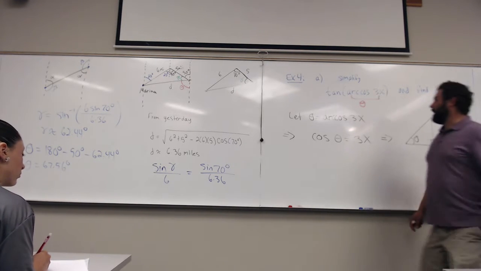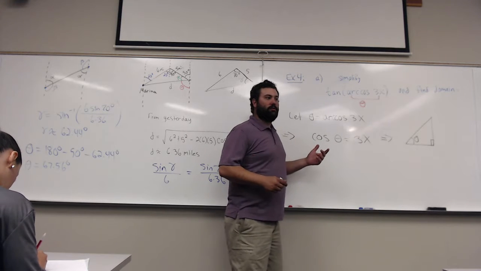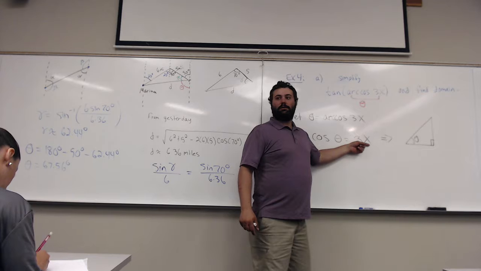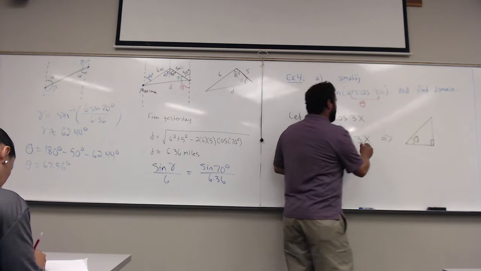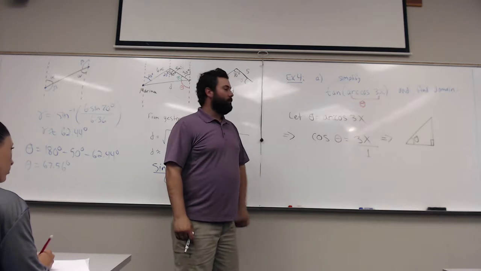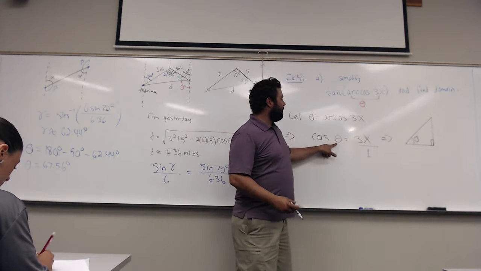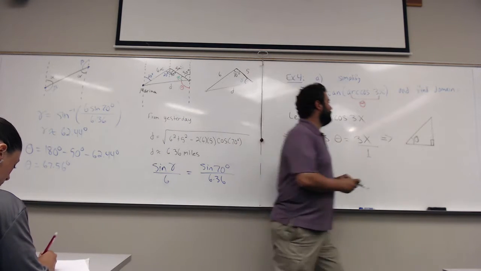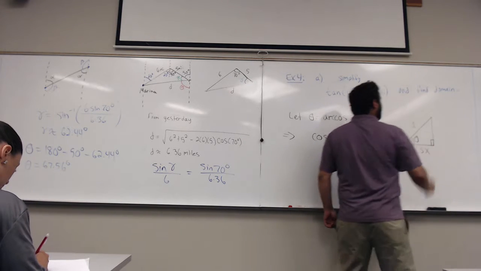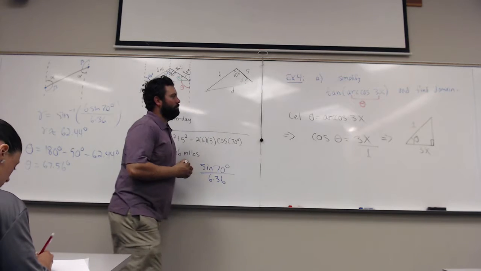And then what was the trick? Cosine's really adjacent over hypotenuse. How can I think of 3x as a fraction? 3x over 1. The easy way to turn it into a fraction is to divide by positive 1. And since cosine theta is adjacent over hypotenuse, I can call the bottom side 3x, and I can label the hypotenuse with positive 1.